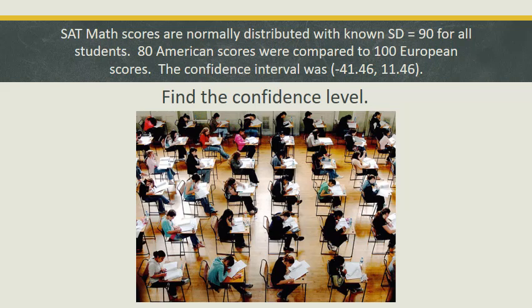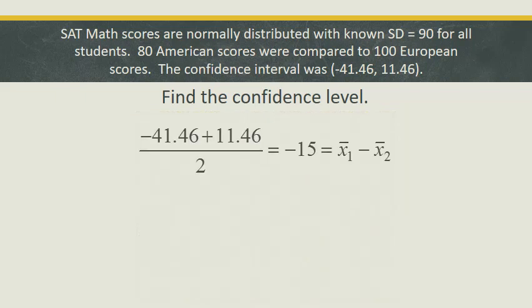Okay, here's a question about American versus European SAT scores. And in this question, we are given the confidence interval, and we need to work backward to figure out the confidence level. It's not written, but in this problem, population 1 was American scores, and population 2 was European scores. The first thing we need to do is figure out the center of the interval.